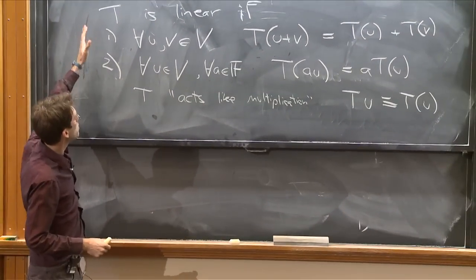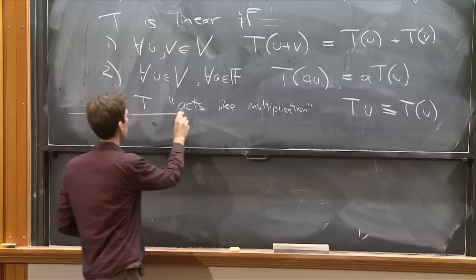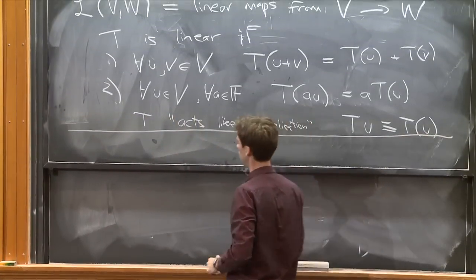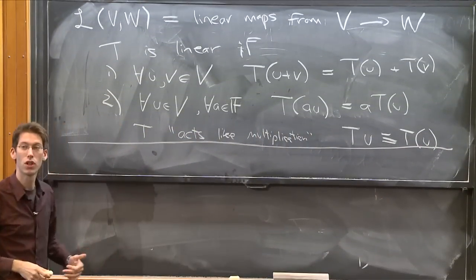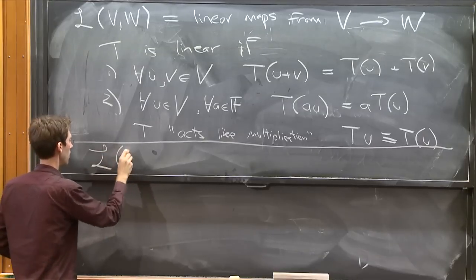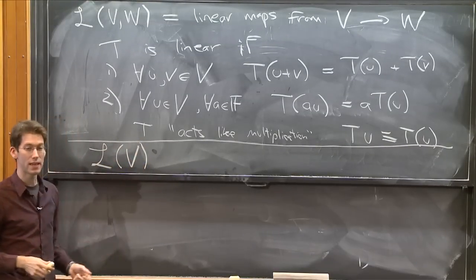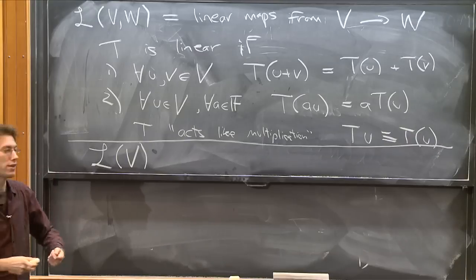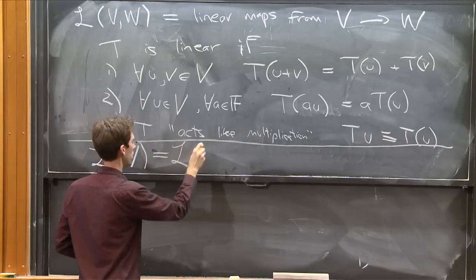So an important special case of this is when V is equal to W. And so we just write L of V to denote the maps from V to itself.